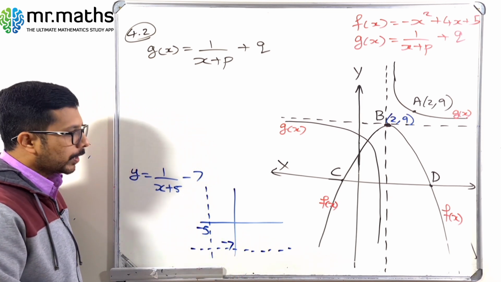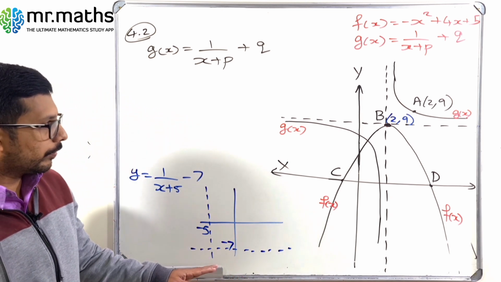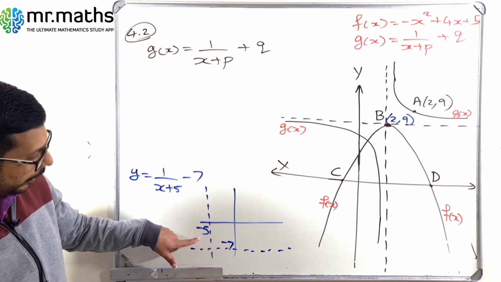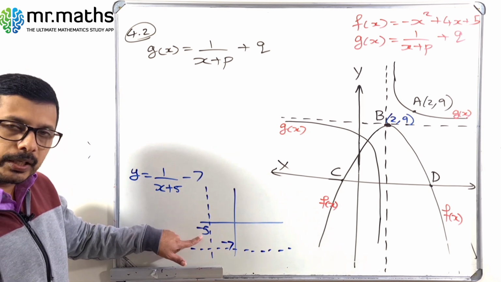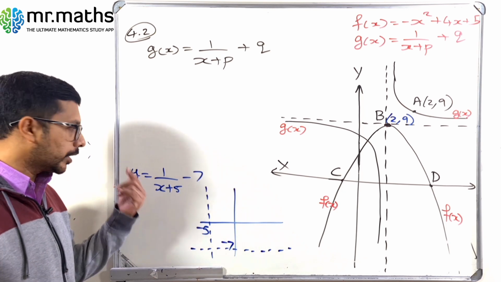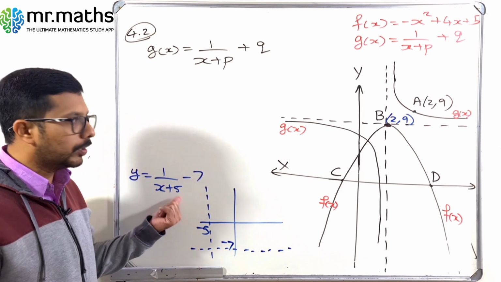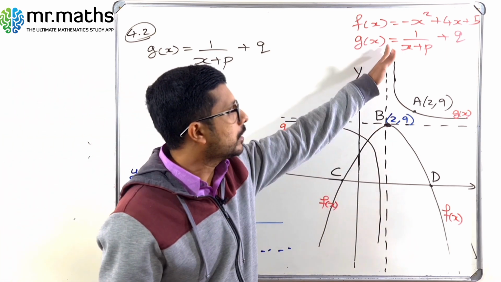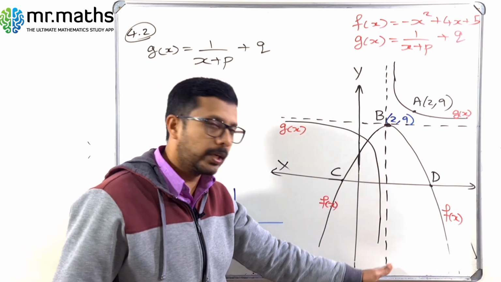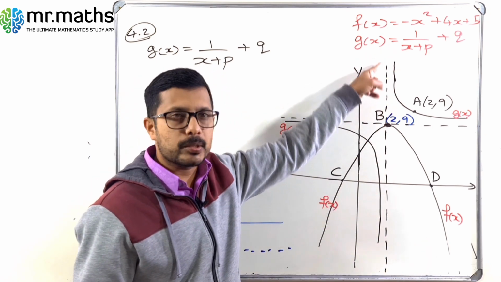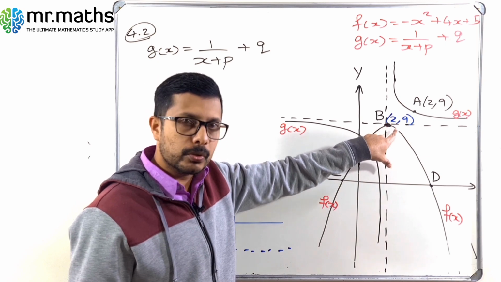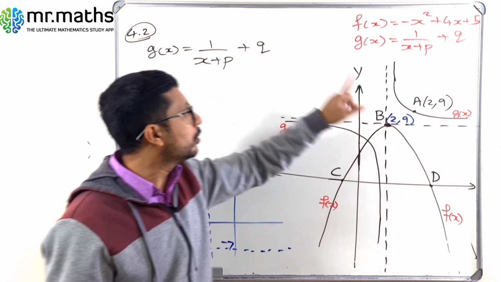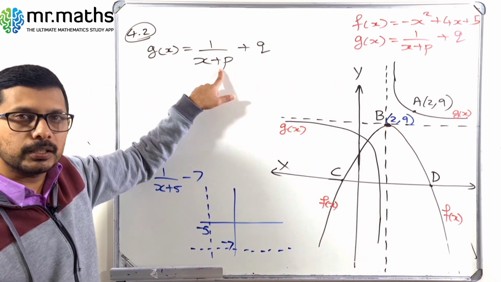You understand? Okay, so now look at the reverse order. If in the graph it is minus 5, what is in the equation? Positive 5. So now look at this one. This dotted line is a vertical asymptote. Here what is the x value? Positive 2. So if here it is positive 2, what is supposed to be in the equation?